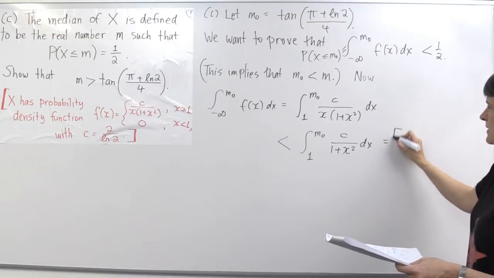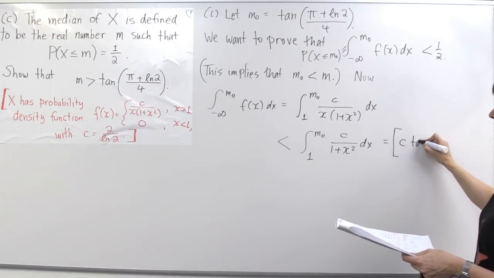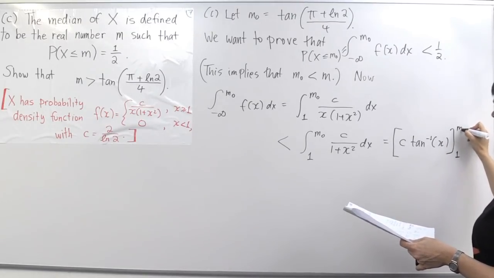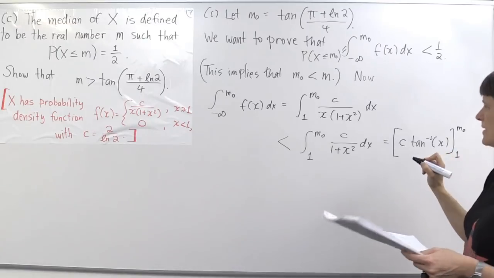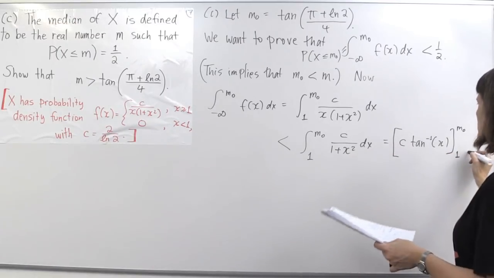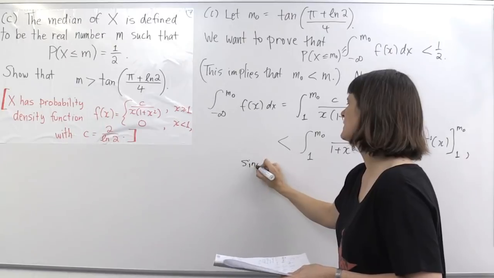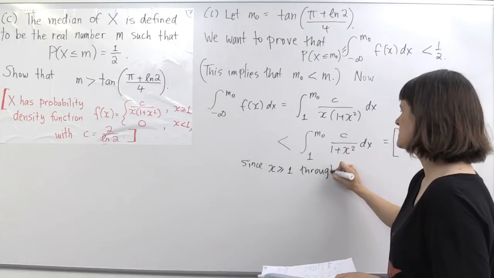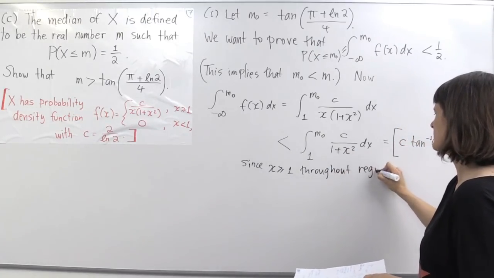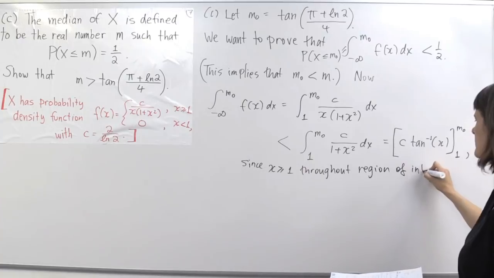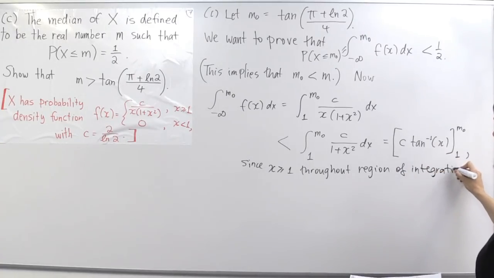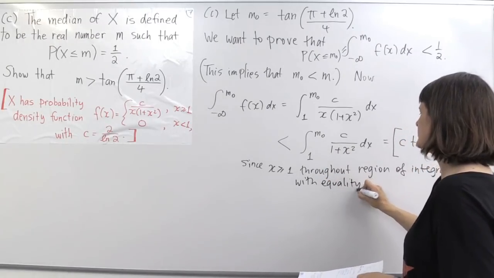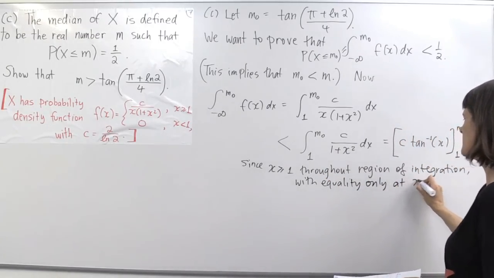Okay, so it's c times tan inverse of x evaluated at m0 and subtract the value at 1, and this inequality, I'll explain it now, since x is greater than or equal to 1 throughout the region of integration, with equality only at x equals 1.